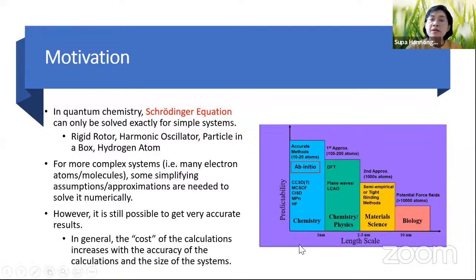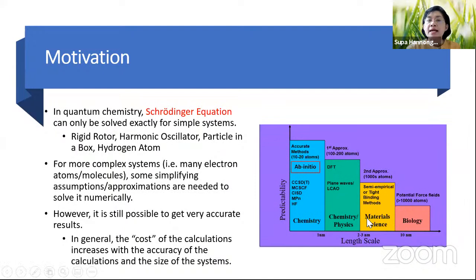Some of you may remember this picture on the right-hand side. We have the length scale and then the predictability. Last week, I talked about the force field or molecular mechanics, which can be applied to larger systems like big molecules or biology.